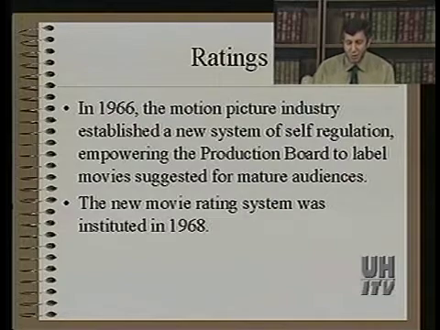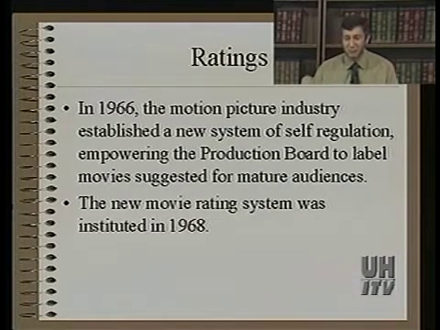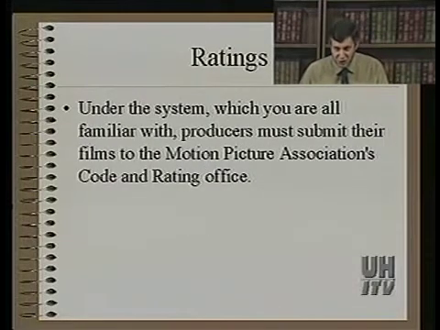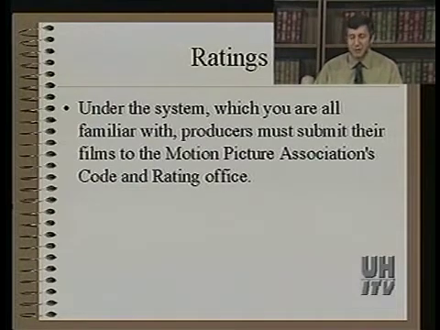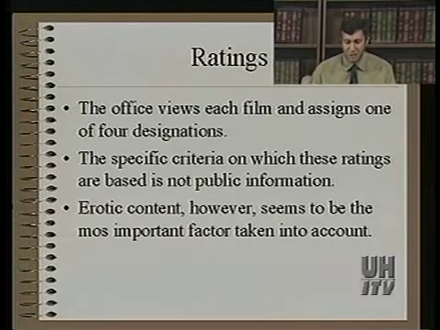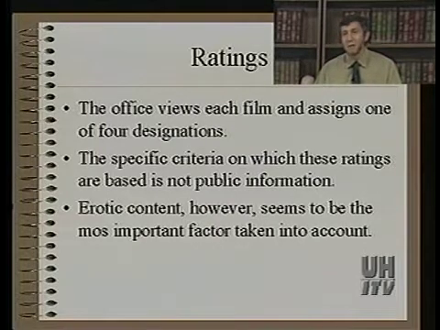It empowered the production board to label movies suggested for mature audiences. Under the system, which you're all familiar with, producers must submit their films to the Motion Picture Association's Code and Rating Office. The office views each film and assigns one of 4 designations.